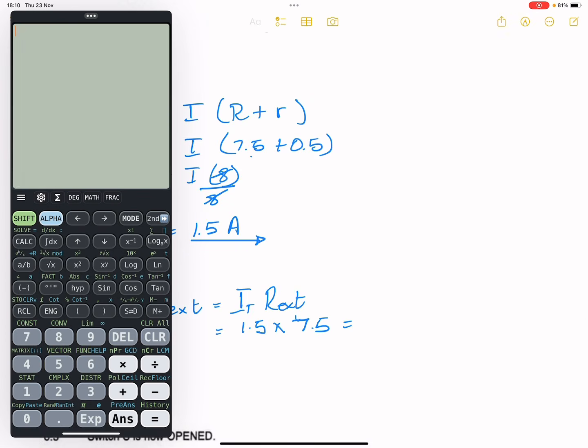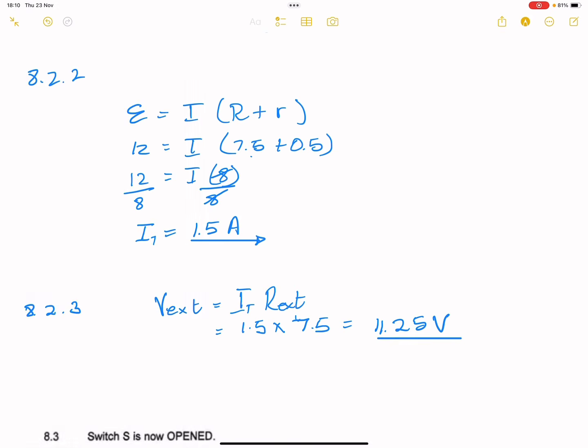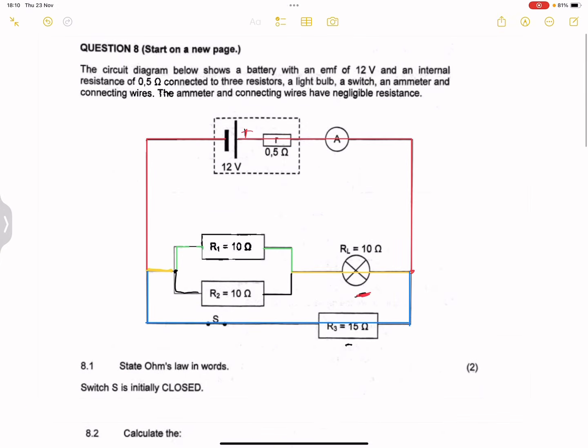So that's 1.5 times 7.5, and that gives me 11.25 volts. Now, because those resistors were in parallel, the voltage would be the same, right? And which voltage would be across R3? It would be that V external, right?